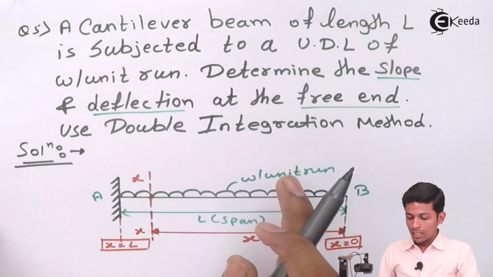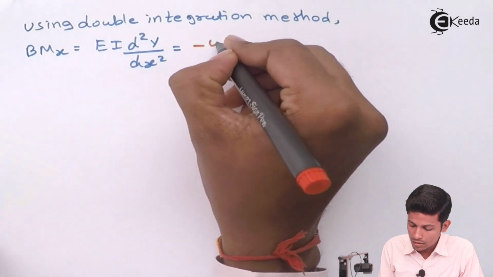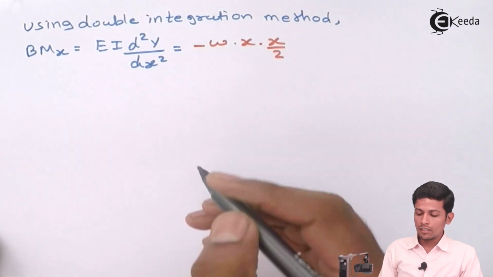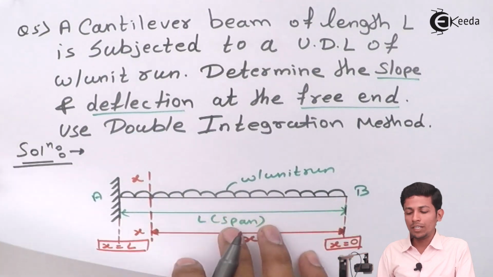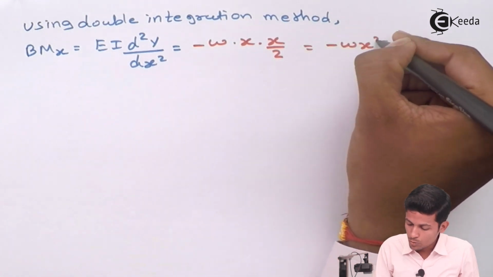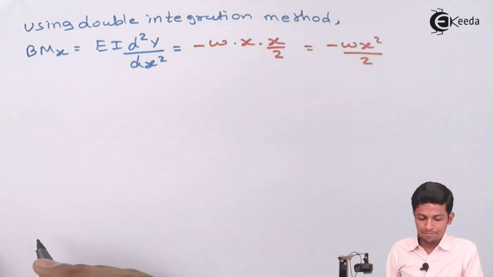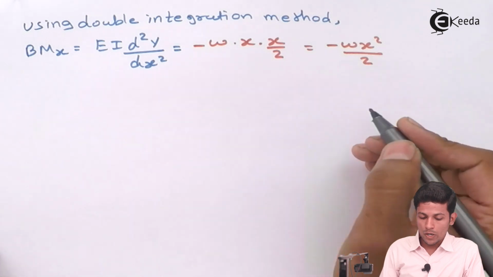So minus w into x by 2, minus w into x by 2. No other load is on this side at origin B. So rearranging, minus w x square by 2. After this we will get equation number 1.